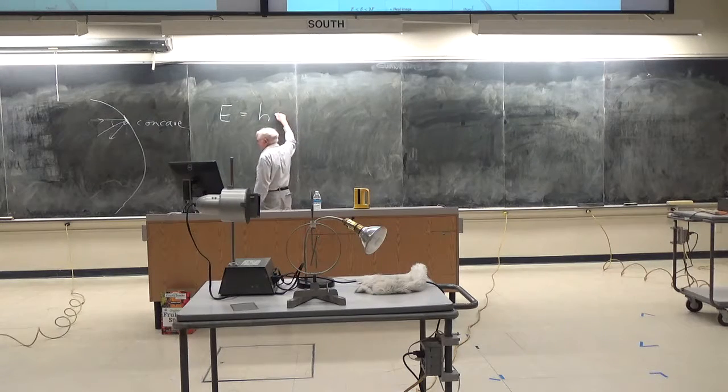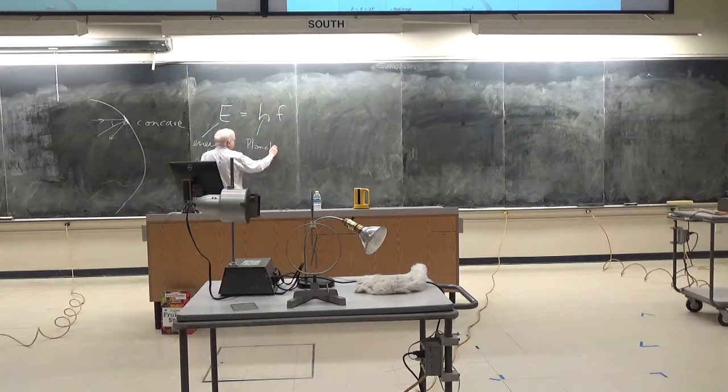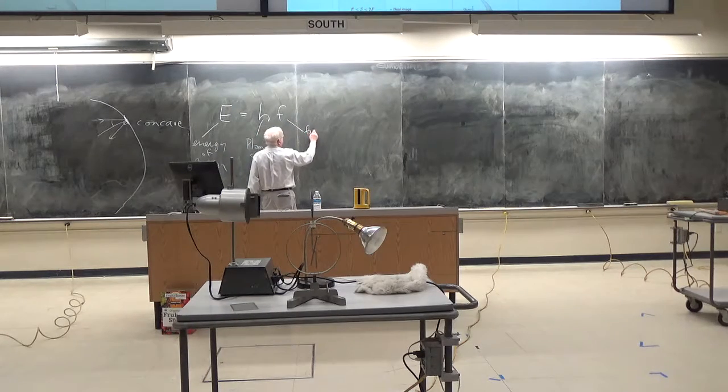I normally think of this as nu, but if I just write f for frequency, so as to cut down on the use of Greek letters, then the energy of a photon is Planck's constant times the frequency, which is measured in basically cycles per second.